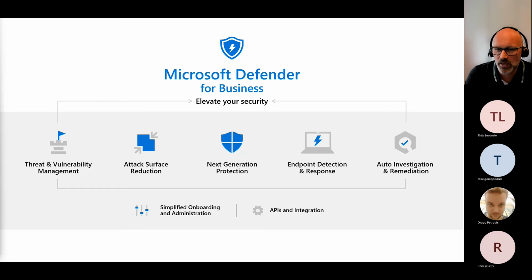We see all that management in our dashboard pane, and we can create alerts and so on around this as well. We can tweak the attack surface reduction as well, based on policies that are available with the Defender for Business. And we get some basic next-gen protection in terms of antivirus, firewall protection, and so on.